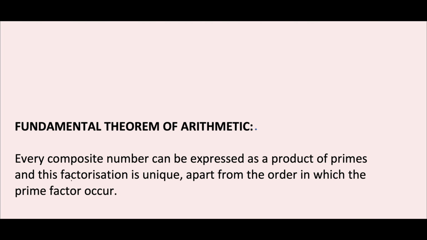So what does the fundamental theorem of arithmetic state? It states that every composite number. What is a composite number? A composite number is a number having more than 2 factors.